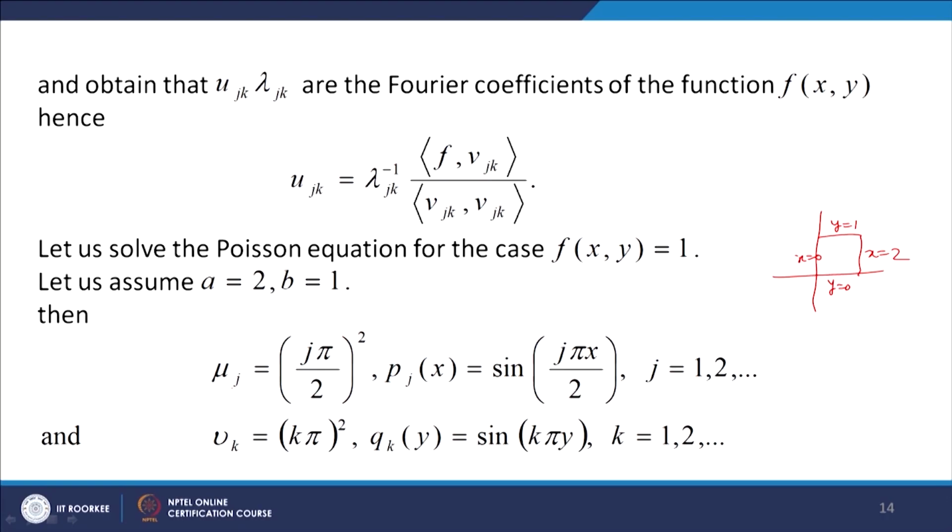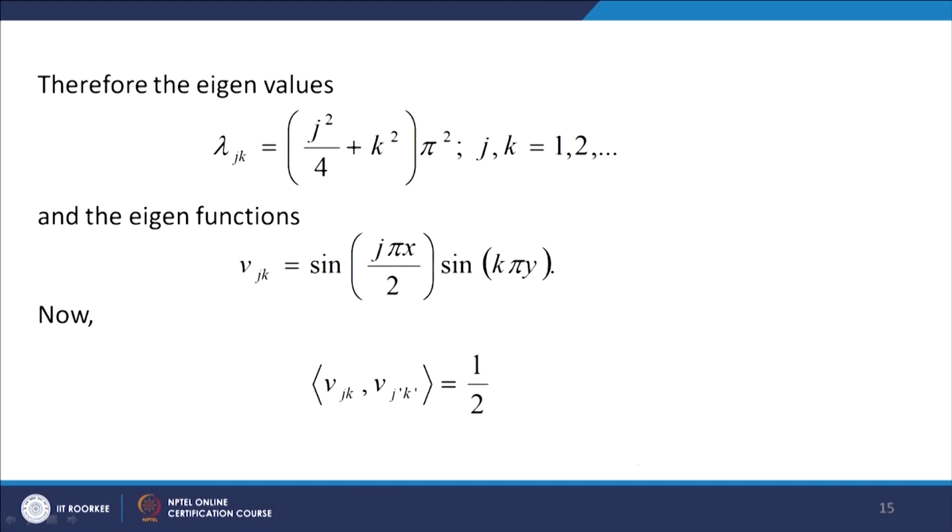In that case mu_j will be (j pi over 2) squared, p_j will be sin(j pi x over 2), since we are taking a equal to 2, b equal to 1, and then nu_k will be (k pi) squared, q_k will be sin(k pi y). Then the eigenvalues lambda_jk are mu_j plus nu_k, so j squared pi squared by 4 plus k squared pi squared. Eigenfunctions b_jk are p_j(x) into q_k(y).